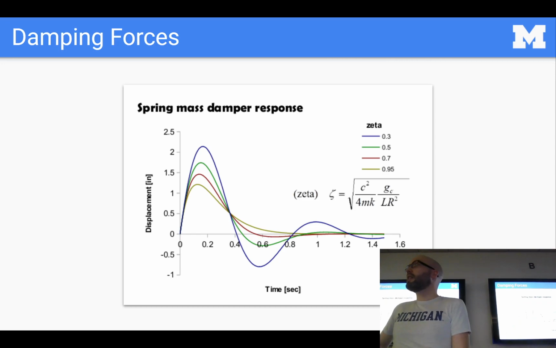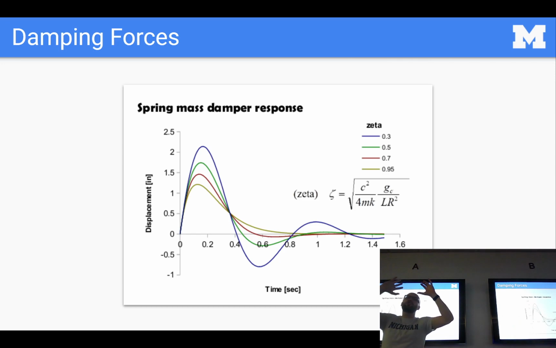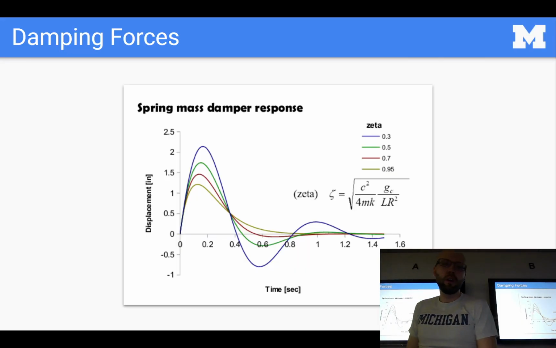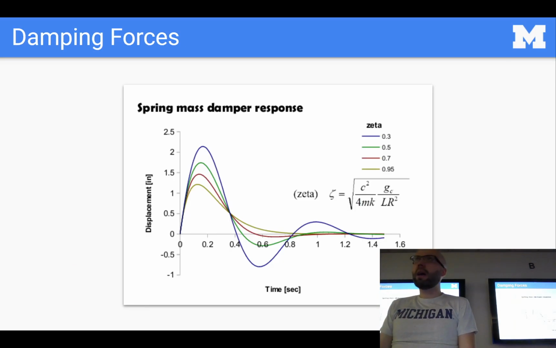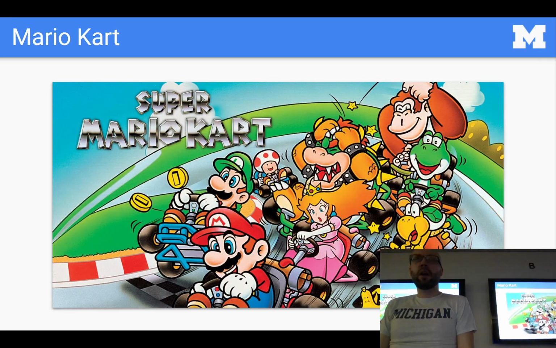This is like that of a spring. If you take a spring and you push it in or pull it from its resting state, there are forces that will bring it back to that normal resting state over time. So progressive income tax schemes, dampening forces, and Mario Kart.